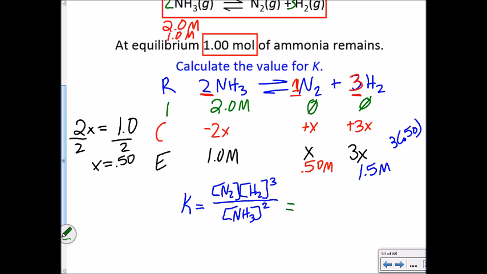So now we have 0.5 times 1.5 raised to the 3rd power over 1 raised to the 2nd power. So what do we end up with? And we are right, we get our 1.69.